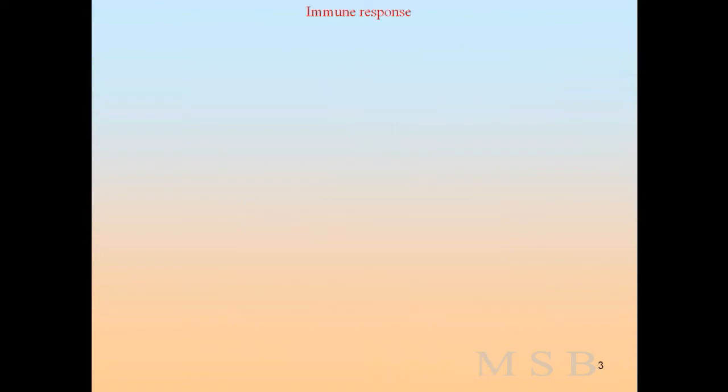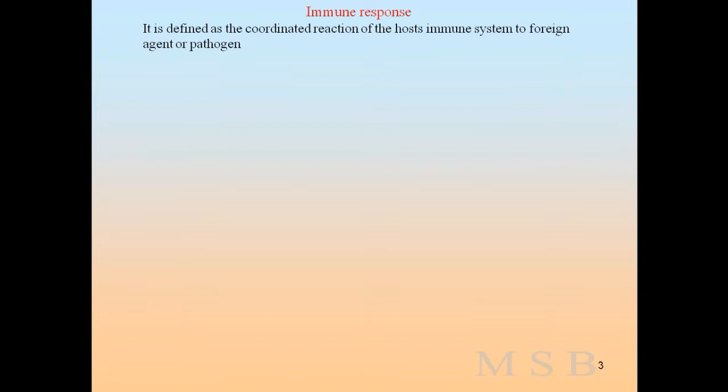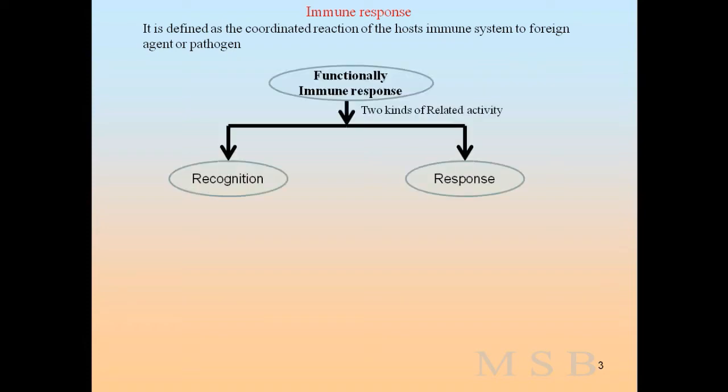Let us now understand the term immune response. Immune response is defined as the coordinated reaction of the host immune system to a foreign agent or pathogen. Functionally, immune response is divided into two kinds of related activity: recognition and response. The immune recognition is remarkable for its specificity.